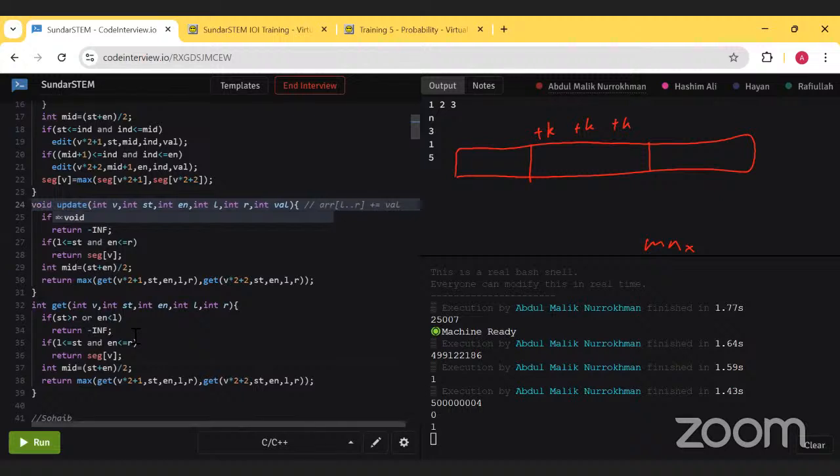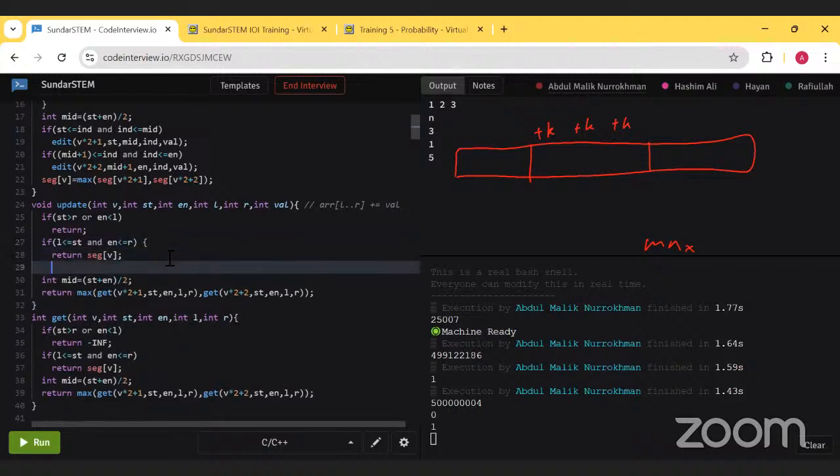But this is void since there is no return value. And then here, if out of range, then we are not updating anything.